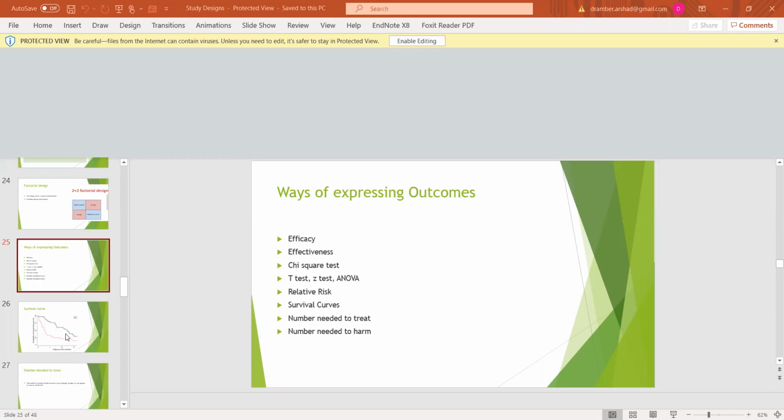We can also calculate relative risk, which is also calculated in cohort study if we follow for a certain outcome in the experimental and the control group. Survival curves can be made, and number needed to treat and number needed to harm are also ways of expressing the outcomes of the clinical trials.